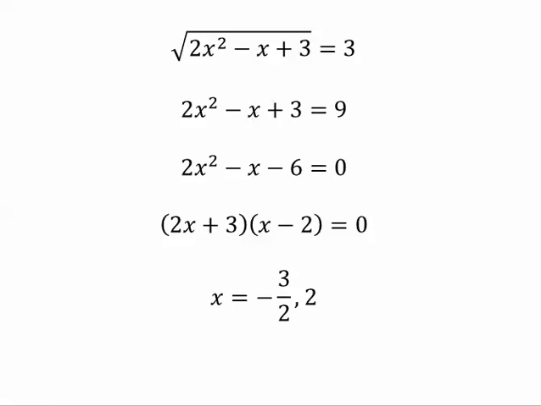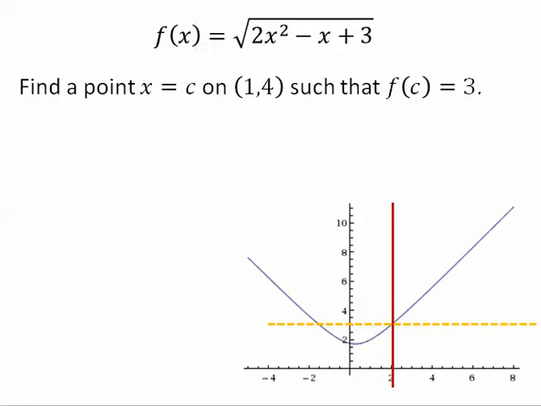There are two places where this equation is solved, at x equals -3/2 and at x equals 2. Now the point 2 is between 1 and 4. So our point 2 is where our function takes on the value of 3. So f of 2 equals 3, and that's the point that satisfies the intermediate value theorem.